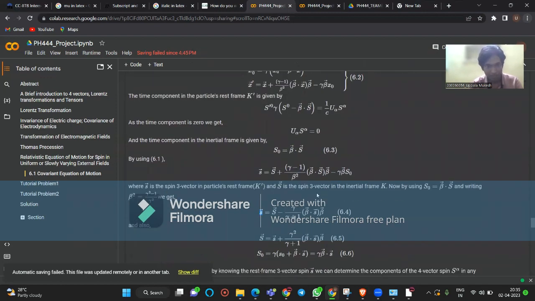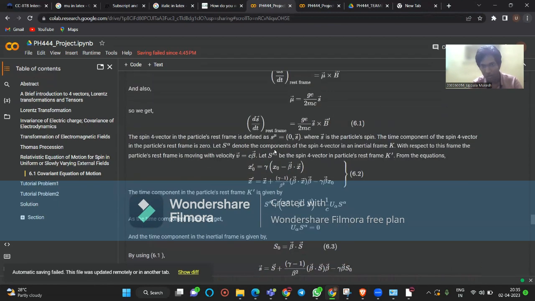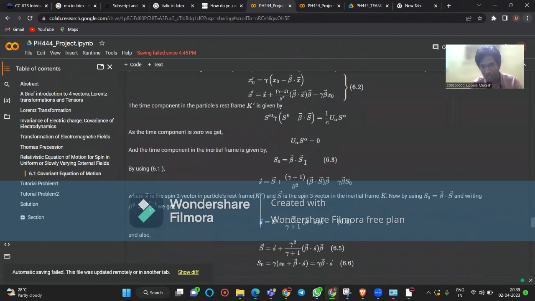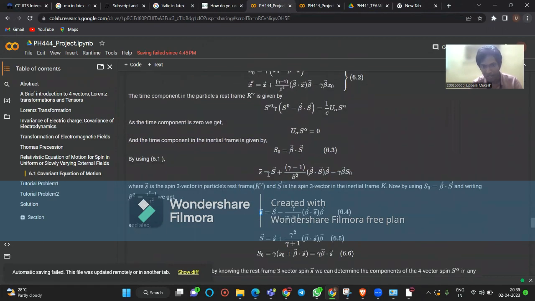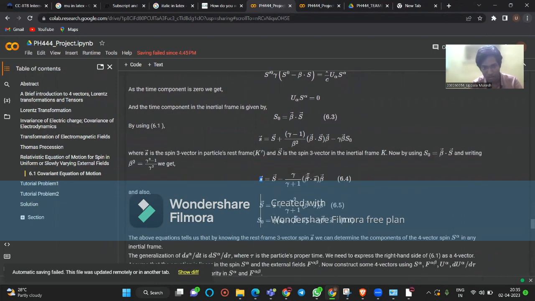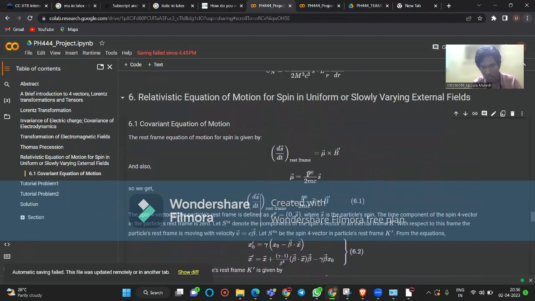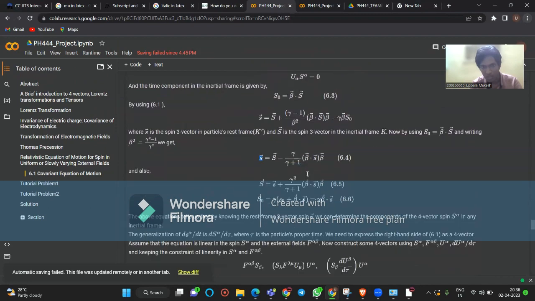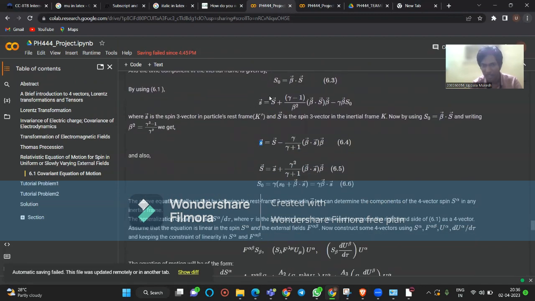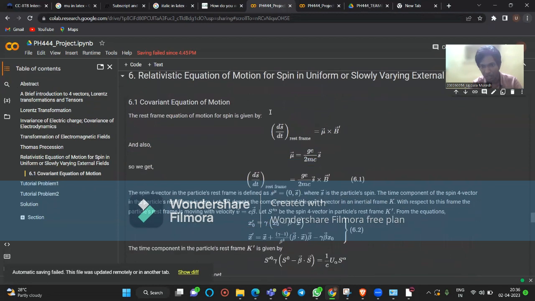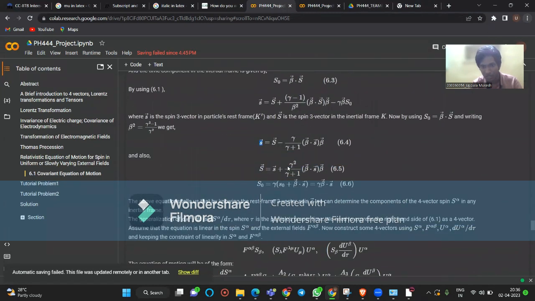And the time component in the inertial frame is given by s naught equal to beta bar dot s bar, and using equation 6.1, finally we are writing the s bar using these equations, and we are writing capital S bar and also capital S naught.